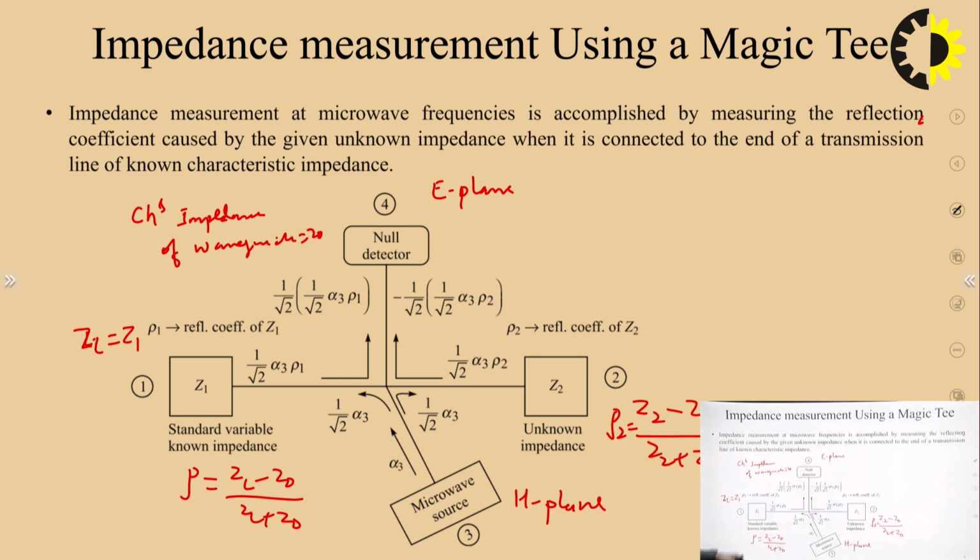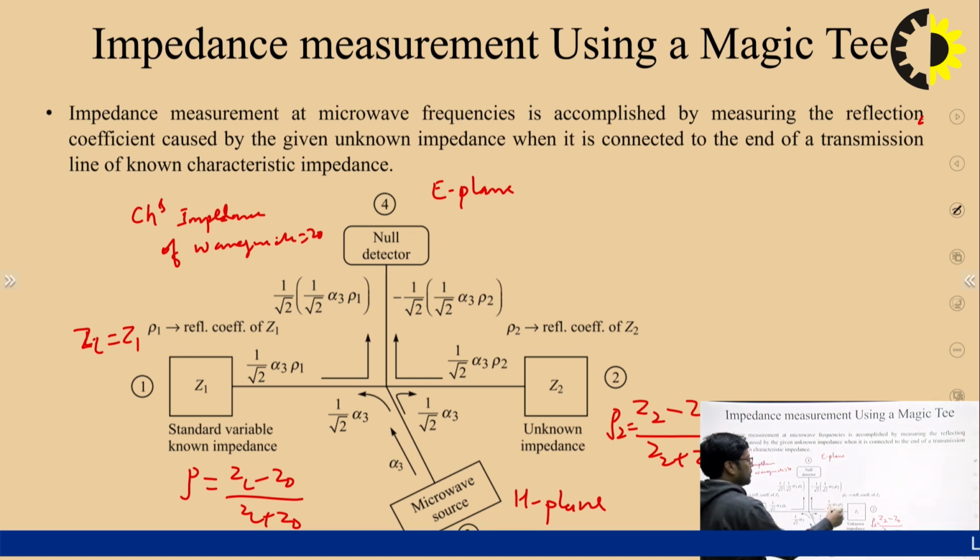So some power is reflected from these unmatched impedances. Suppose this is the reflected power, or reflected voltage. So 1 by root 2 alpha 3, because of the reflection you have to multiply with the reflection coefficient. So this power is reflected back, or in terms of voltage we can write 1 by root 2 alpha 3 rho 2.